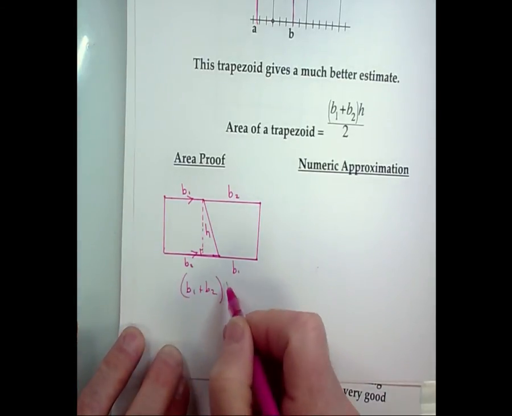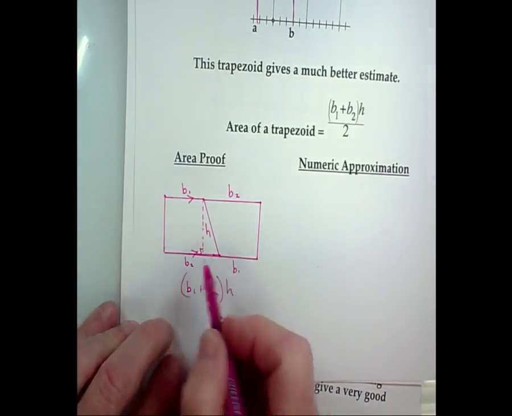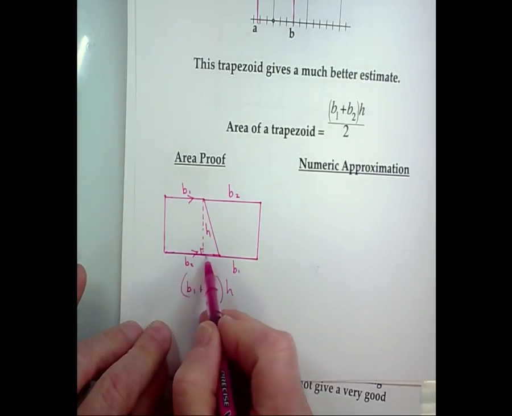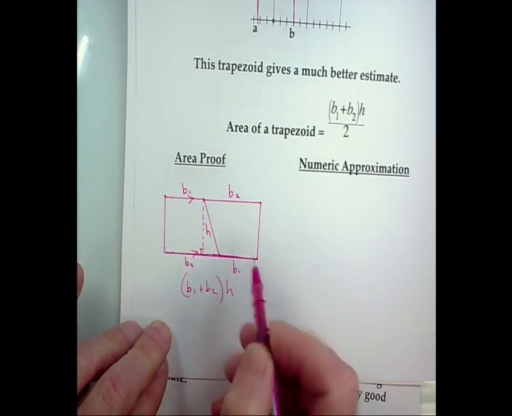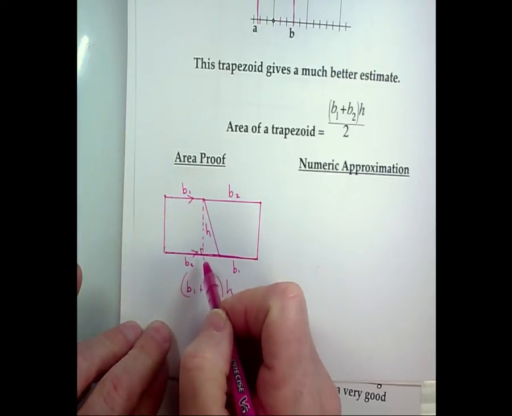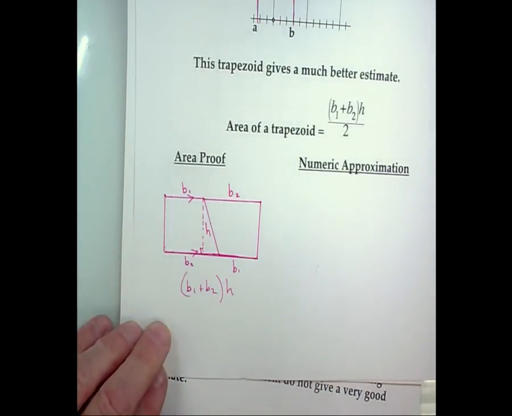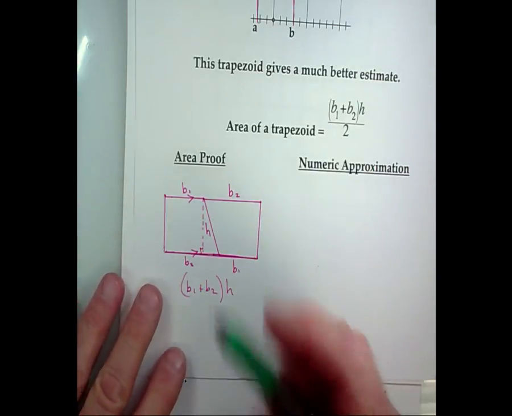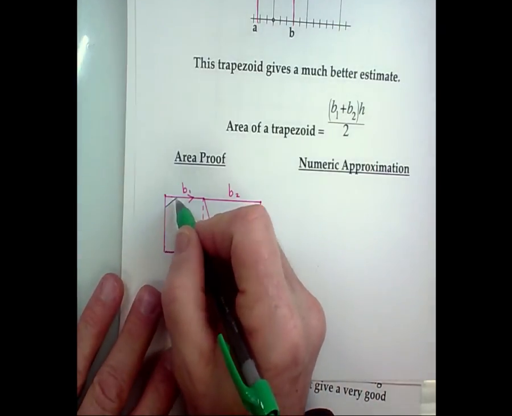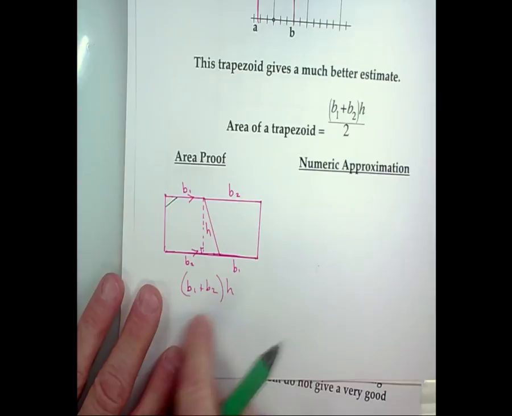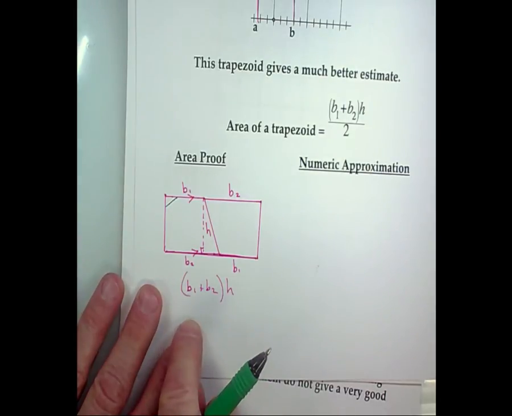And times the height, right? So this distance going across, and then this height going up and down, right? Would everybody agree? But I don't care about all of them. I just care about this section. So this is by definition of a parallelogram, if you want to reason why, it's base times height.